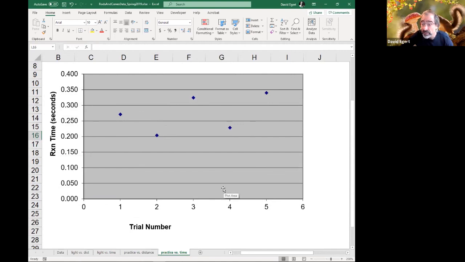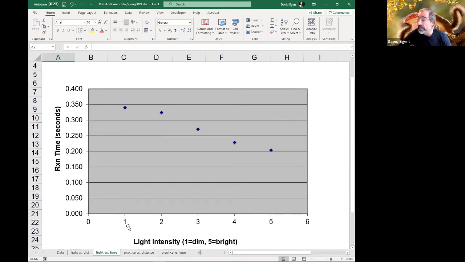So there was no obvious relationship between how many times they'd been doing it and how fast they were. Or if there is some relationship, it is dwarfed by how much of an effect the light had on the reflex.